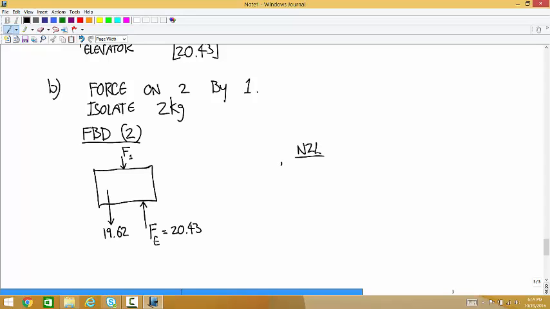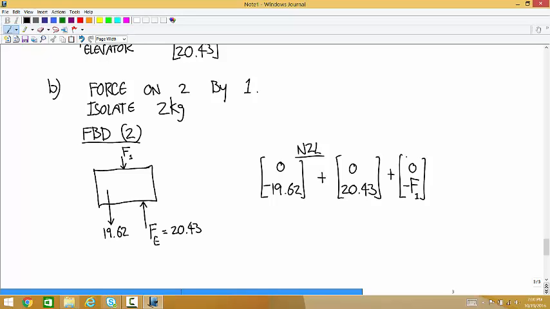So Newton's second law says 0, negative 19.62, plus we have 20.43 acting in the positive y direction, so that's 0, 20.43. We have F1 acting in the negative y direction, so that's 0, negative F1. And all of that's equal to the mass, 2, times the acceleration, 0, negative 3.